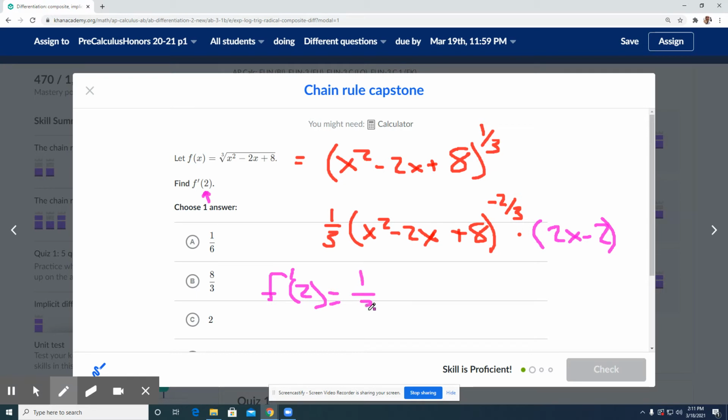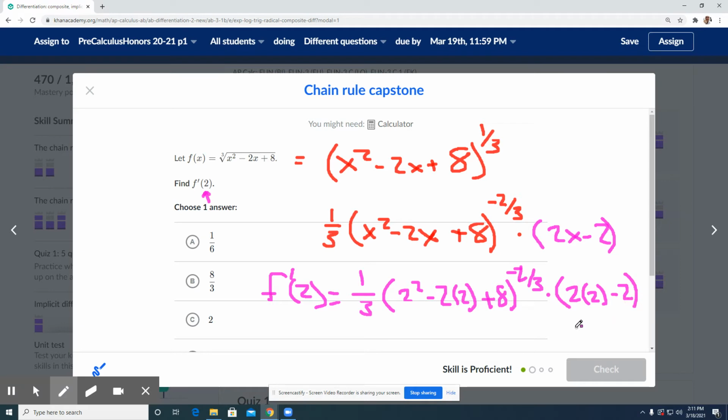would be 1 over 3, and instead of x, I put a 2, minus 2 times 2, plus 8. All of this gets, I don't know, raised was the right word, but to the negative 2/3 power, times 2 times 2, x is 2, minus 2.